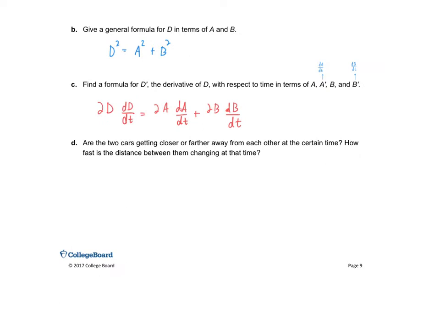Sorry, let me do it how they asked us to: D times D prime equals A times A prime plus B times B prime.